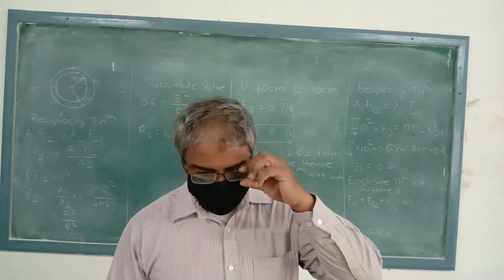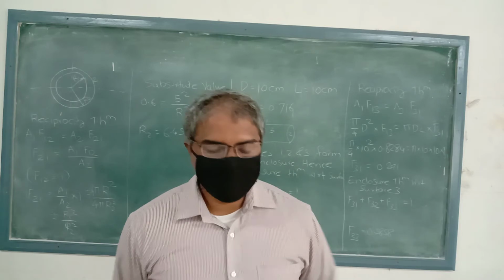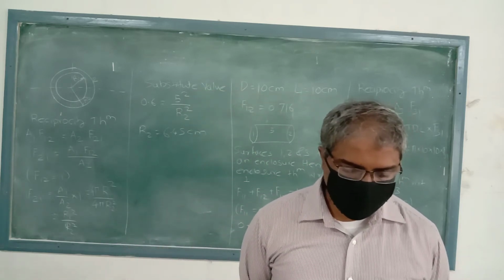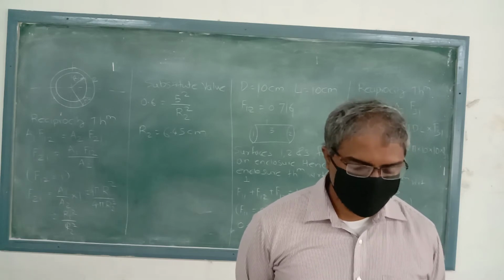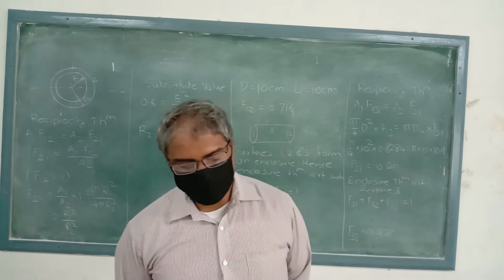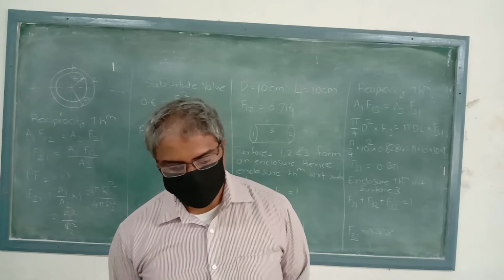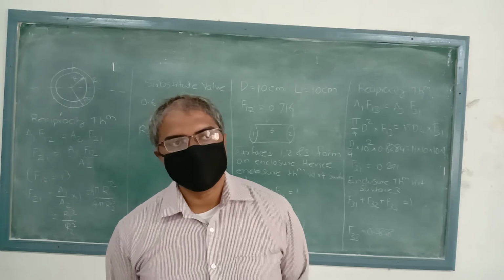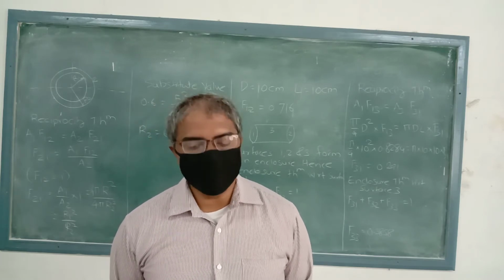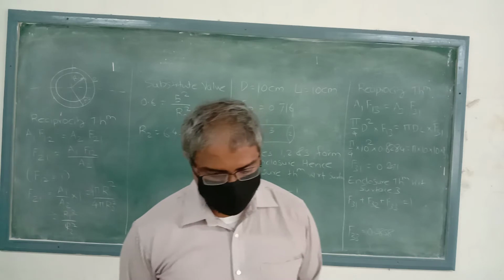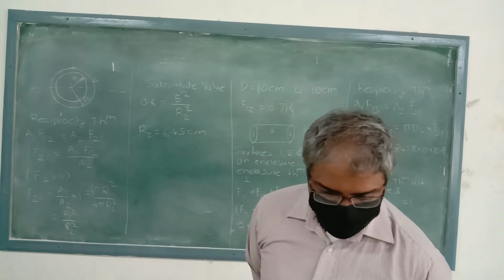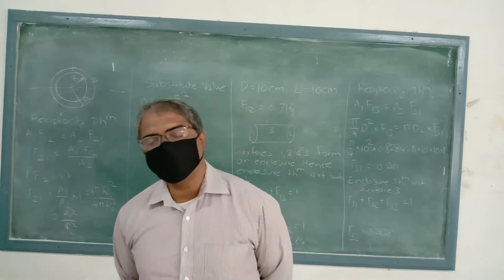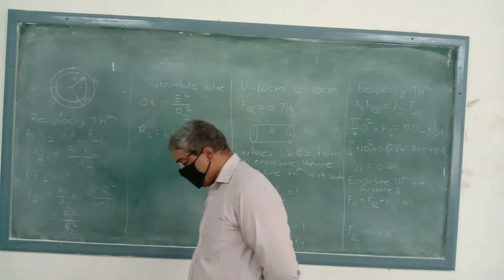Find the radius of the outer sphere so that the shape factor of the outer sphere with respect to the inner sphere is 0.6.